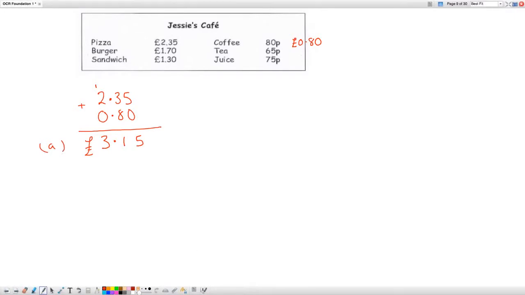Moving on to Deborah now. Deborah buys 2 burgers and 2 teas. So we want 2 of the burgers and 2 of the teas. So £1.70 times 2. So her 2 burgers, 7 plus 7, 14, £3.40 for the burgers.